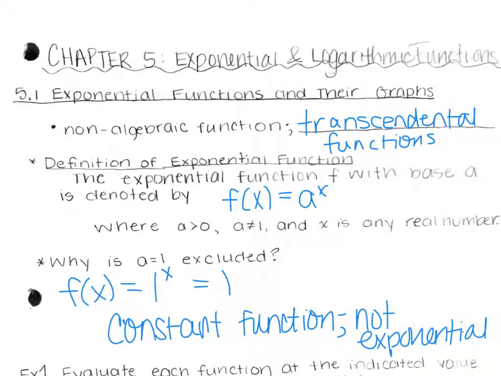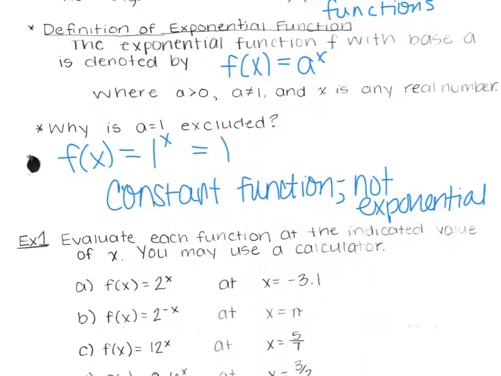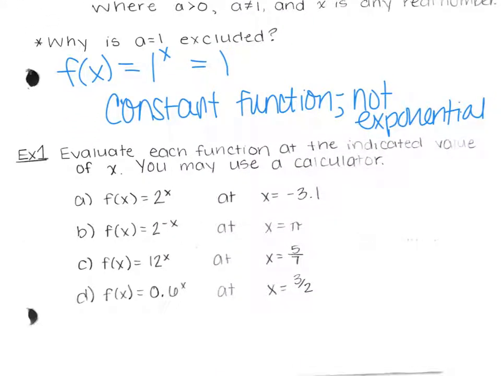So let's look at an example here. Evaluate each function at the indicated value of x. You may use a calculator. So with these, we're really just using any calculator. You can use a scientific, and all you're going to do is use the little caret button.